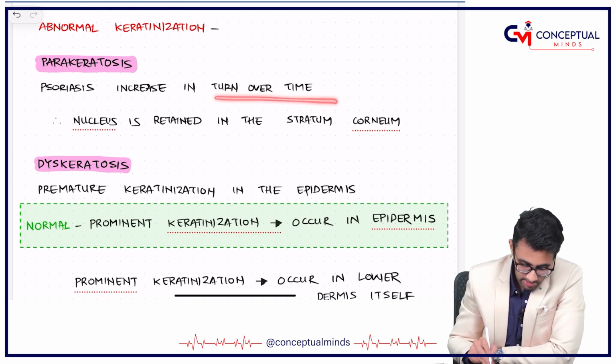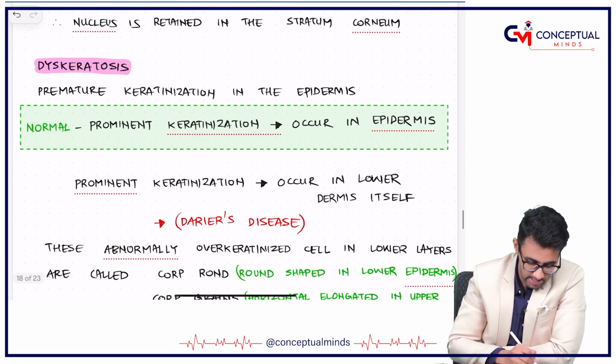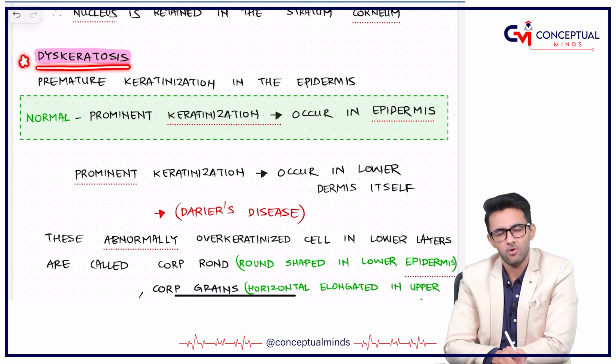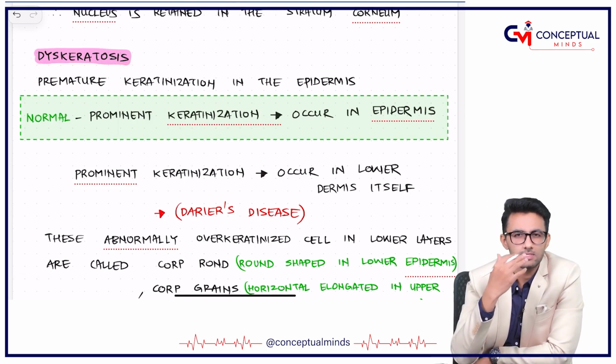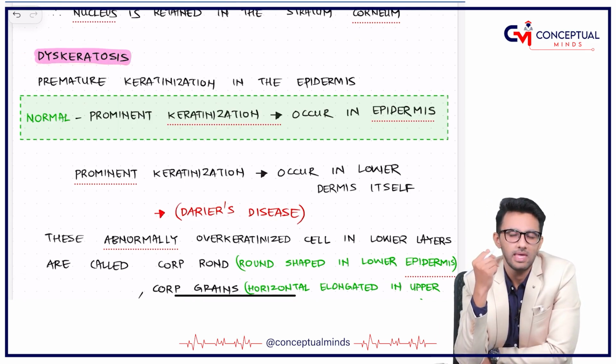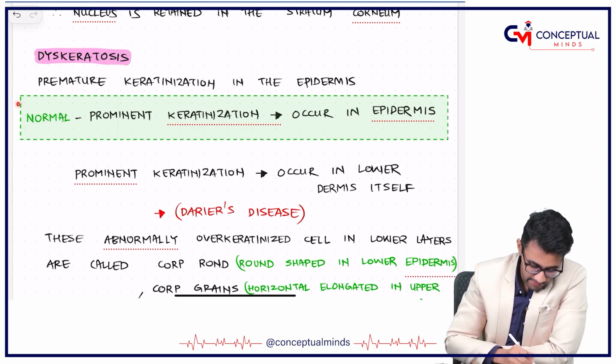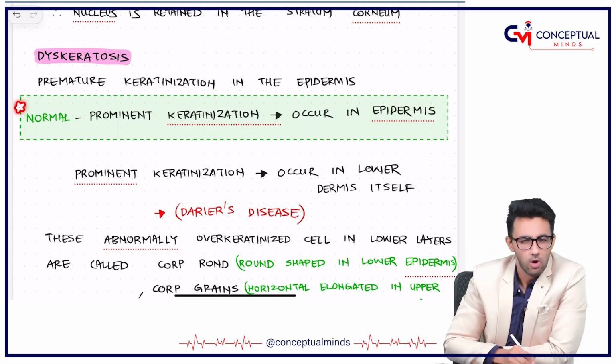The next one is a very interesting presentation, dyskeratosis. We know that the layers above the stratum granulosum get all the keratin, and the layers above will have filaggrins and everything. Let us do a revision of the normal findings.